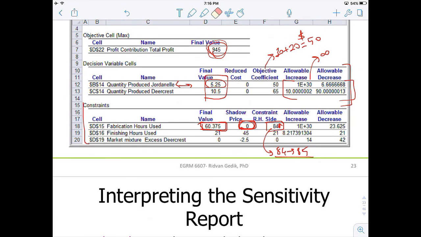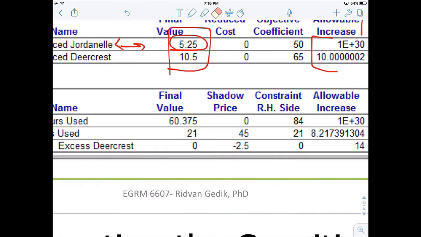On the other hand, the second constraint is binding, right? Because the left-hand side value is equal to the right-hand side value here, therefore there is no slack, and the shadow price is positive, which is 45.